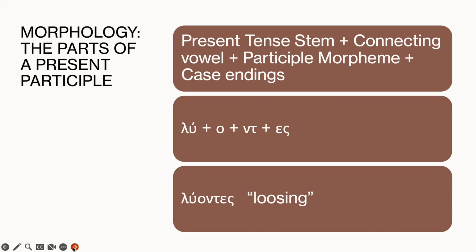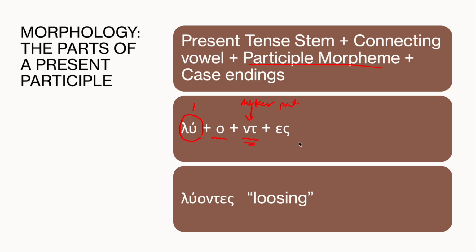Okay, let's talk about the morphology of a present participle. The present participle is formed in this way. We begin with the present tense stem, so the stem of a verb that's used in the present tense. We add a connecting vowel, and it's always omicron. And we add a nu tau. That's what's called the participle morpheme. Just think of it as the marker for a participle.